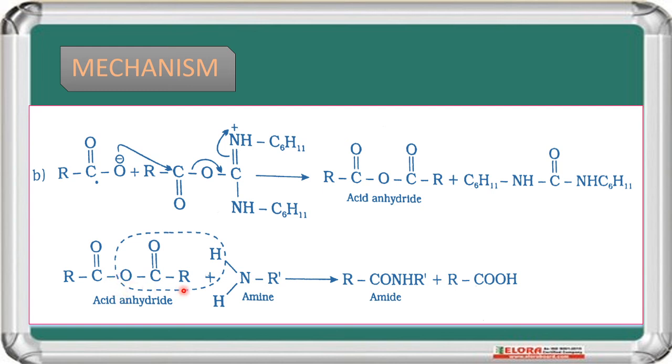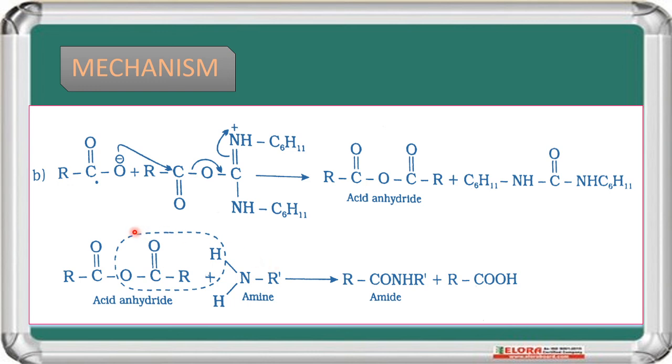Here is the formation of R C double bond O, O H. See here R C O, meaning C double bond O H group. This is the acid formation, and the remaining NH R or R dash NH group is attached to this carbonyl group. See here R C O NH R dash. Here is the C double bond O, and this is the formation of the amide group.